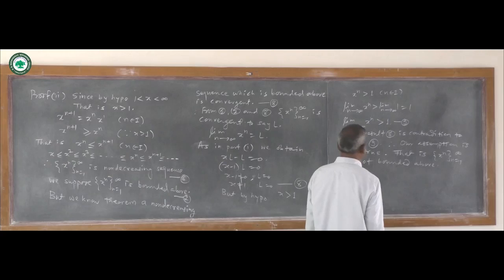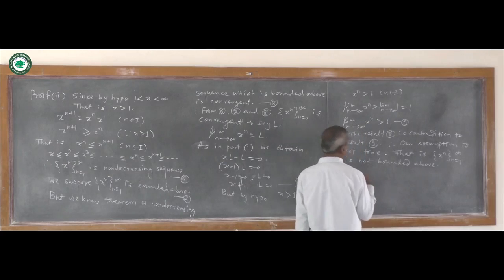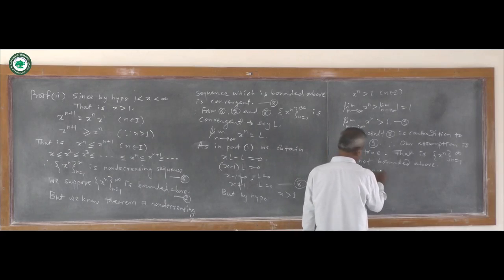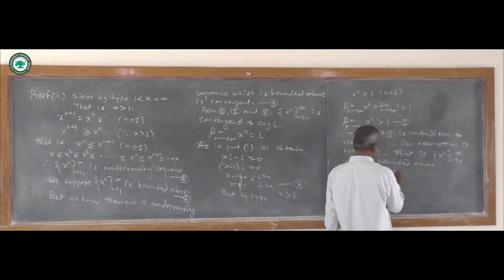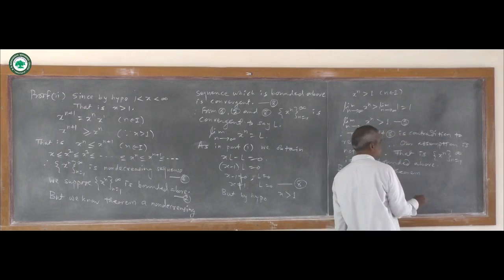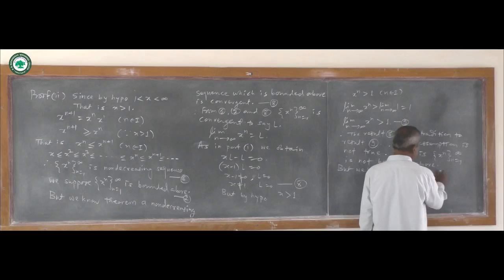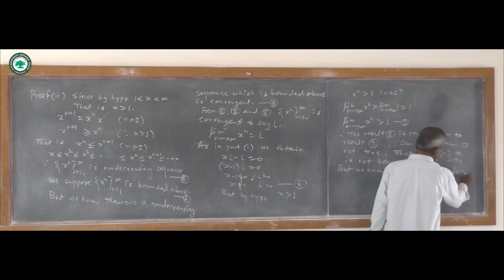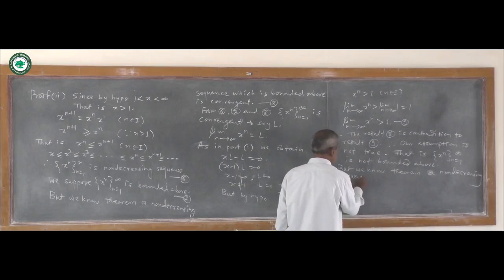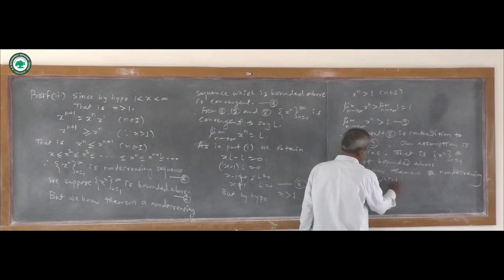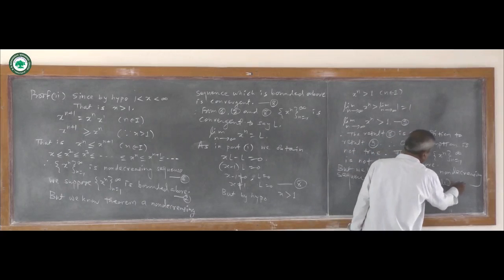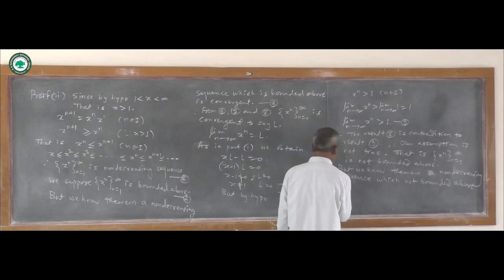A non-decreasing sequence which is not bounded above diverges to infinity. But we know theorem 2 on monotonic sequences: a non-decreasing sequence which is not bounded above diverges to infinity.